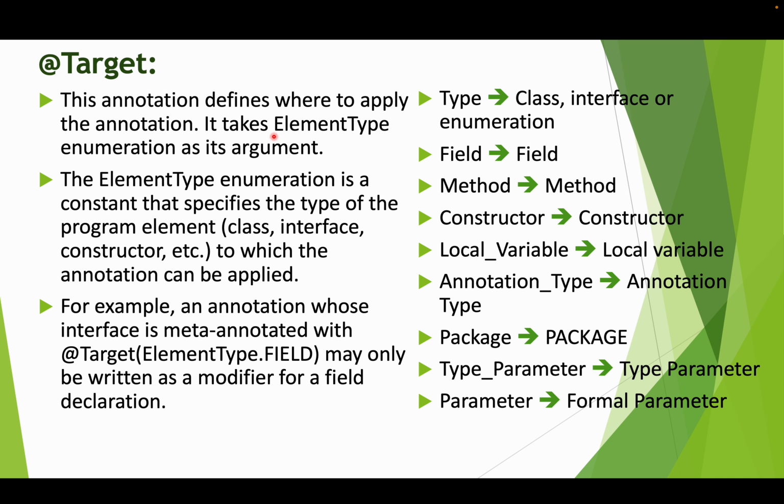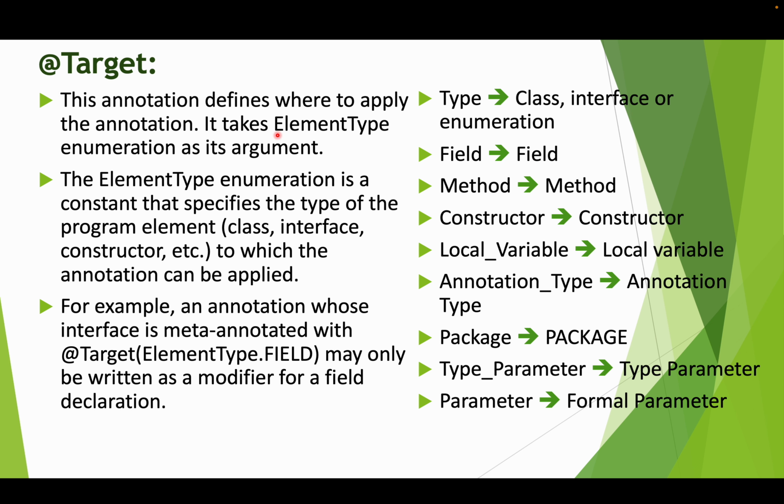So what are the possible values for this ElementType? It may be TYPE, which means the annotation is applied to a class, interface or enumeration. FIELD, which says the annotation is a field level annotation. If it is METHOD, then it will be a method level annotation.